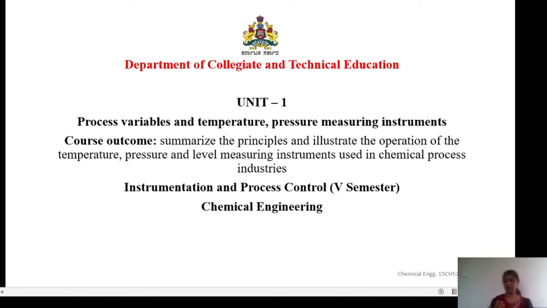With an increase or decrease in temperature, the free end of the bimetallic strip expands, which in turn causes the movement of the pointer on the temperature scale. That is the basic principle of working of the bimetallic thermometer, which we learnt in the last session of Unit 1 on temperature measuring instruments and process variables.